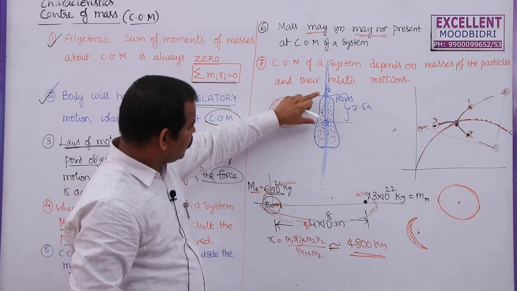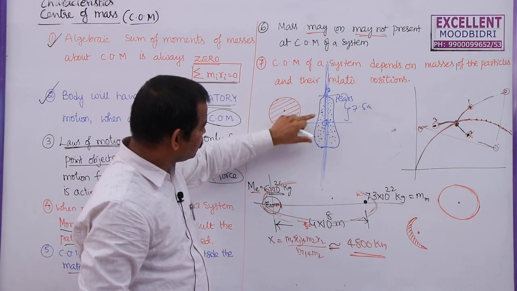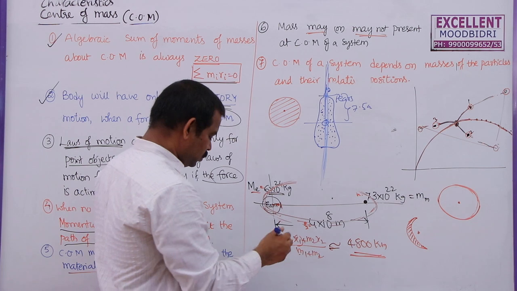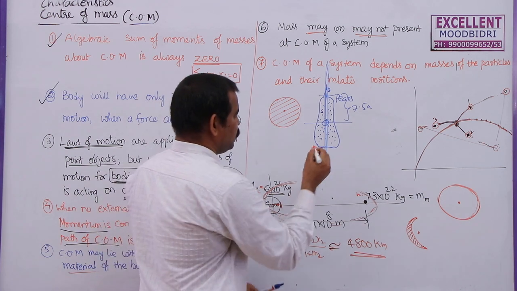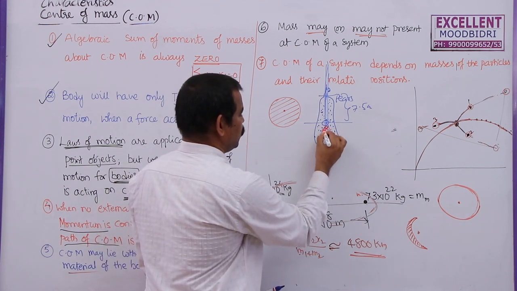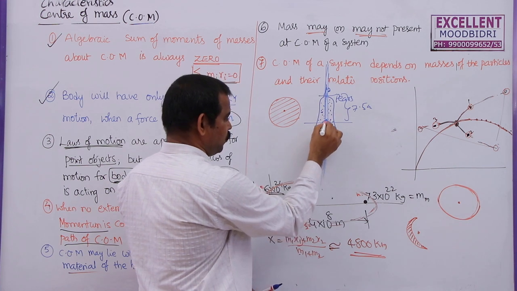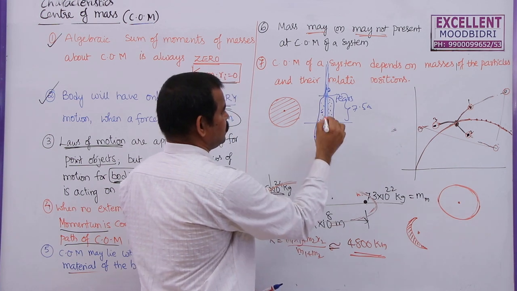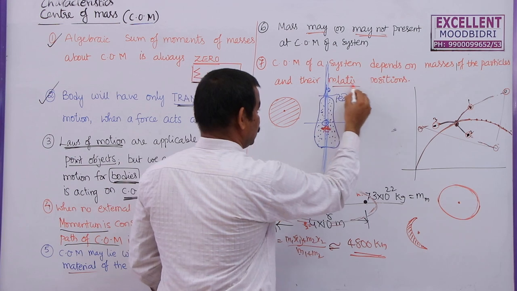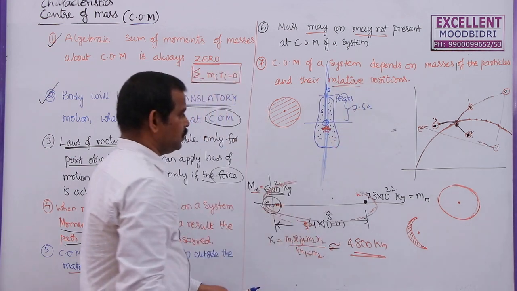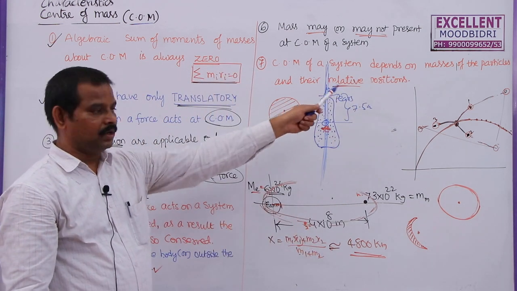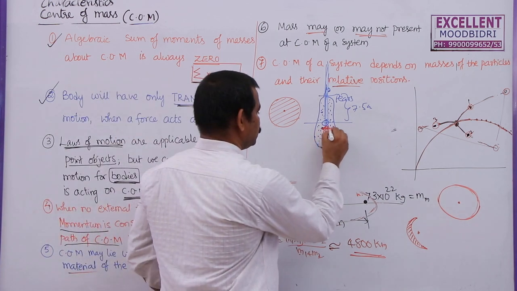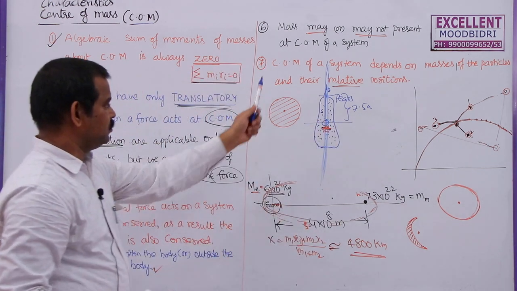Because the mass of this portion is less, and mass of this part is more. So center of mass will lie within the portion where the mass distribution is more. So it will move downwards. So this is the center of mass. That means it also depends upon the relative positions of the particles, not only the mass of the particles. So this is how we can explain this seventh point.